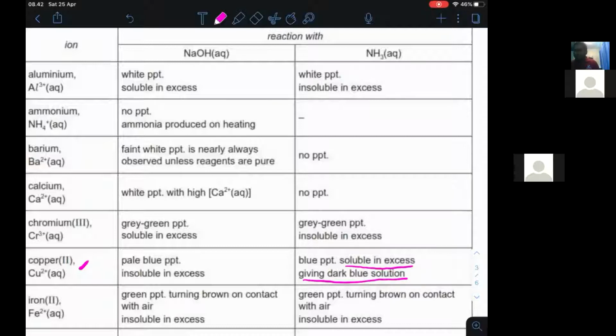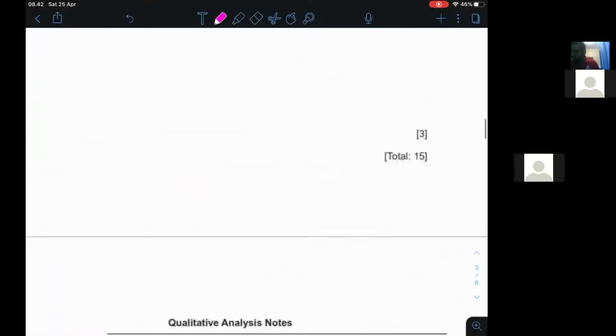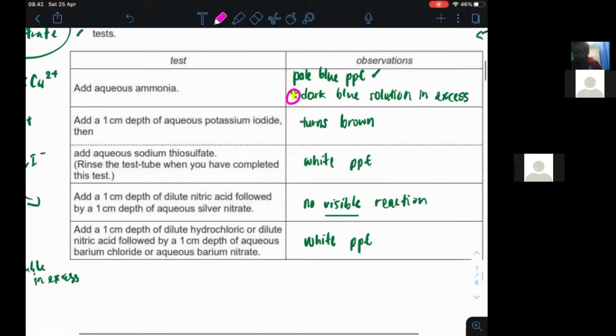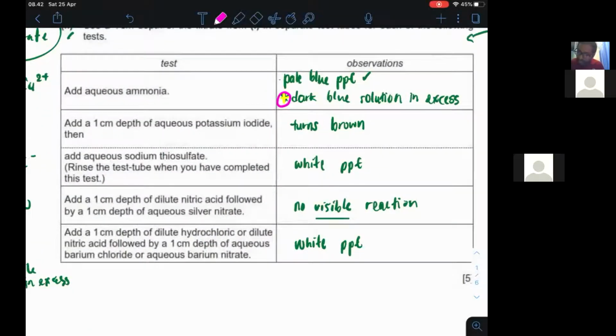Now, it is important for you to add this ammonia in excess. When you see the pale blue precipitate, you still need to add the ammonia to excess, and you will see the pale blue precipitate change into a solution, meaning it's soluble, but it's still a blue solution.